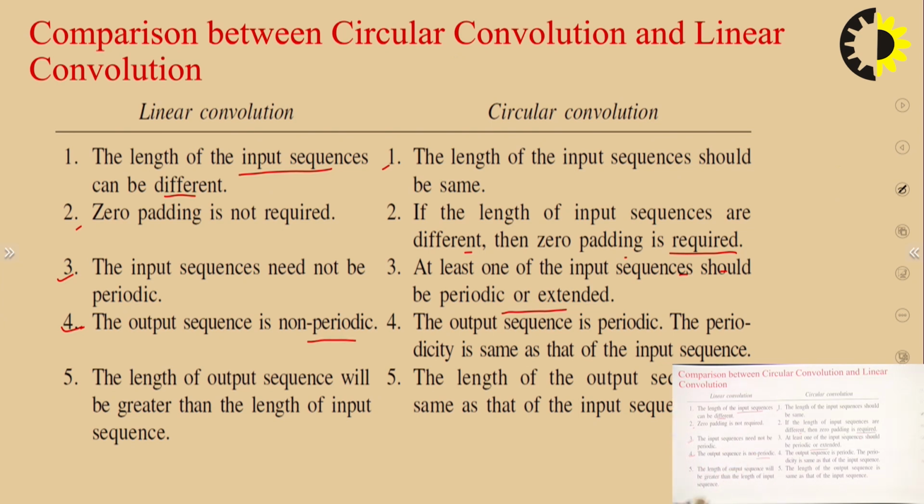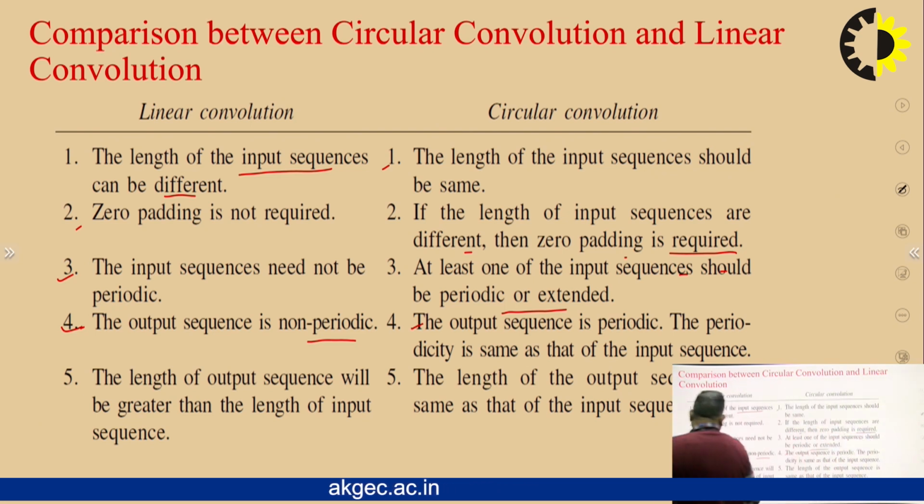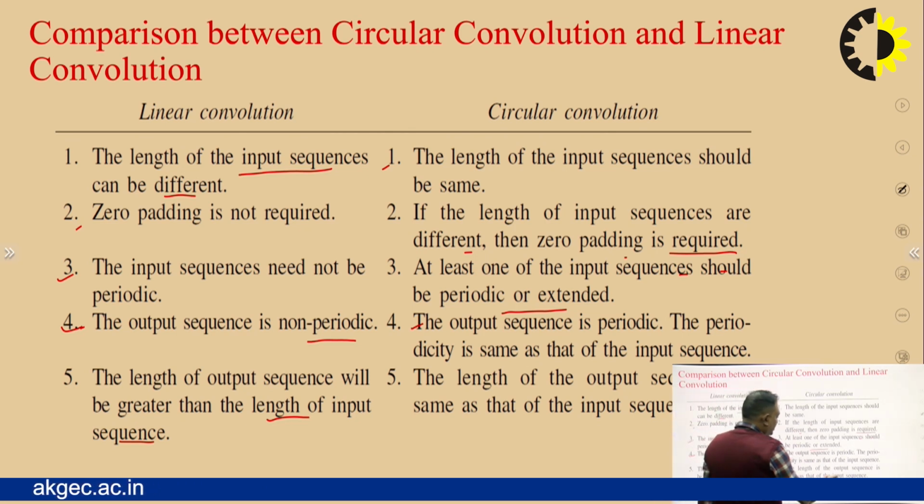In circular convolution, the output sequence is periodic, with the same periodicity as the input sequence, because the input sequence is periodic. The length of the output sequence in linear convolution will be greater than the length of the input sequences, while in circular convolution the length of the output sequence is the same as that of the input sequences.